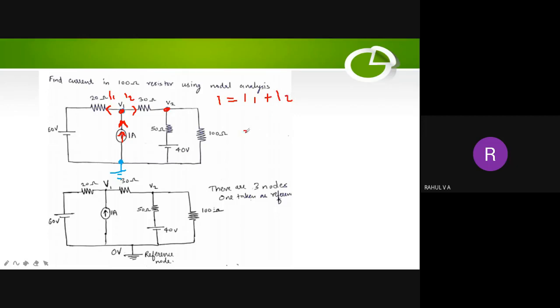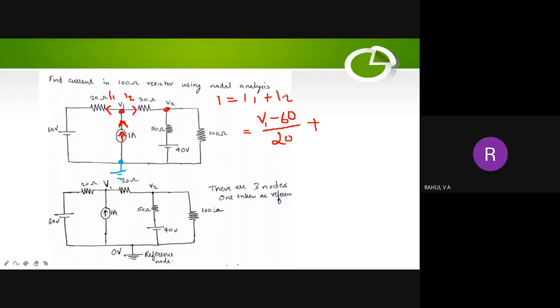Now tell me, what is the equation for I1? I1 can be found out by dividing potential difference by resistance. Potential difference across 20 ohm is V1 minus 60 volt, the supply voltage. So V1 minus 60 volt divided by 20 ohm resistor. And what about I2? I2 is the current flowing through the 30 ohm resistor.